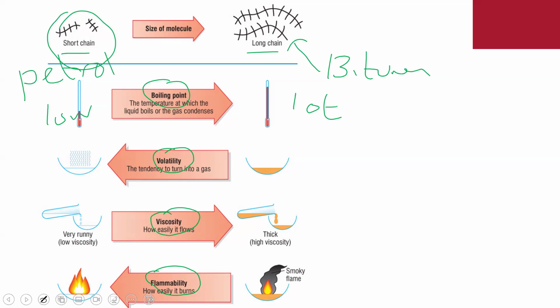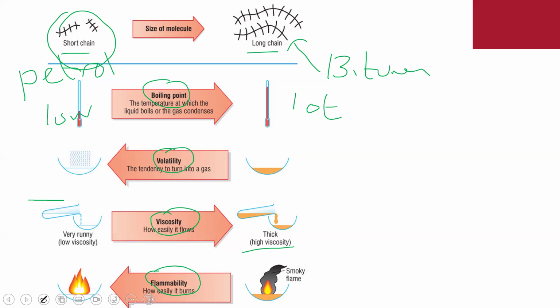Viscosity. Viscosity means how easily it flows. Petrol has low viscosity because it has few intermolecular bonds. Bitumen has high viscosity because it has a lot of intermolecular bonds. Okay, again, don't forget, it's not the strength of them, it's the number of them.